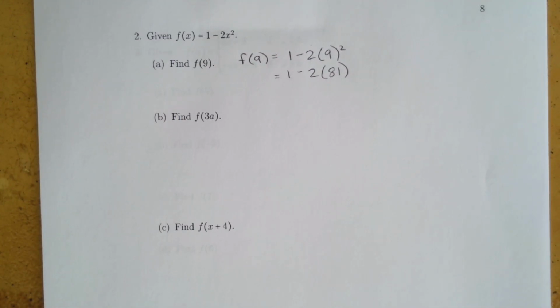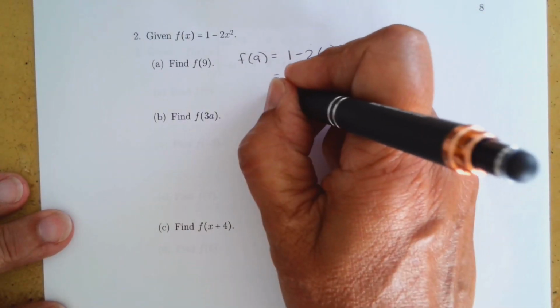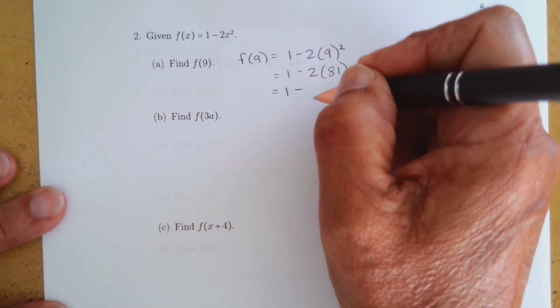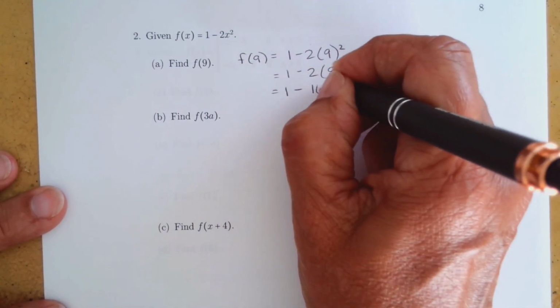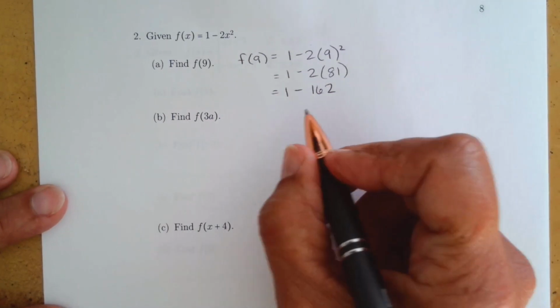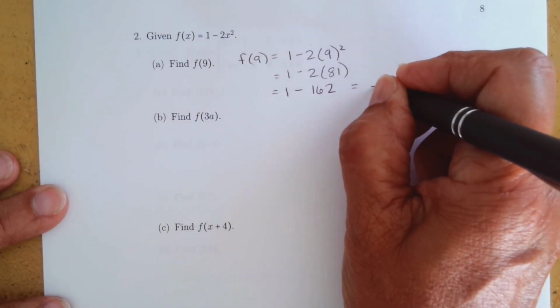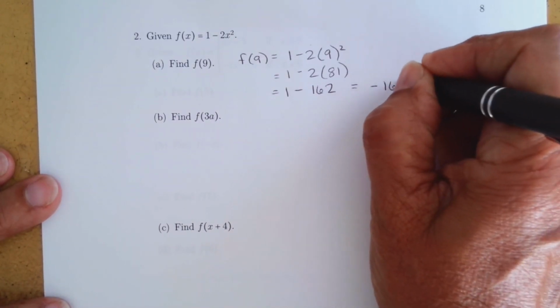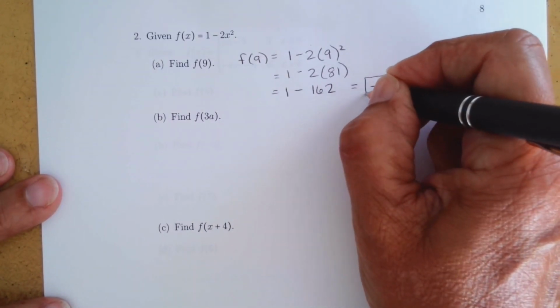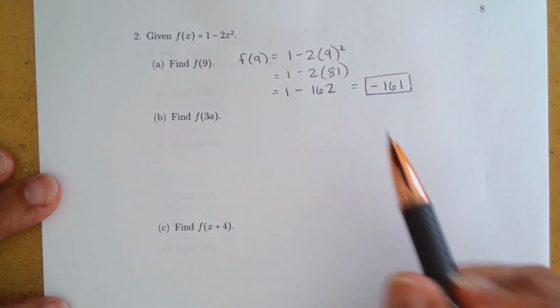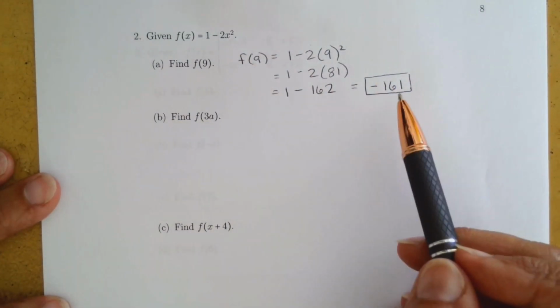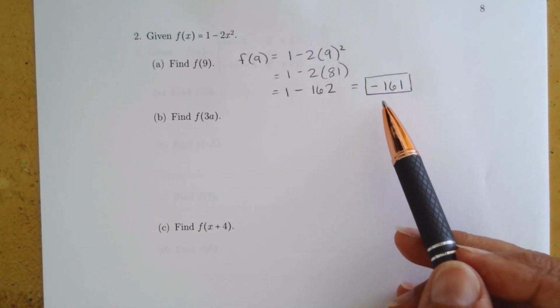So you're going to do 2 times 81. So 1 minus 2 times 81, that would be 162. And then you can subtract 1 minus 162, that would equal a negative 161. Okay? So remember, input, that's x, output, that's y.